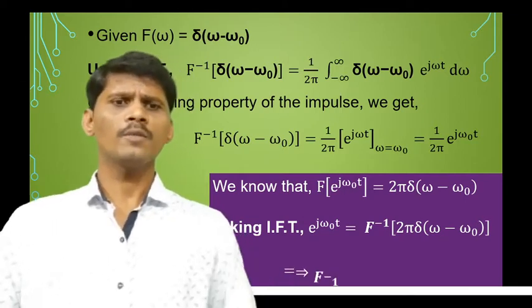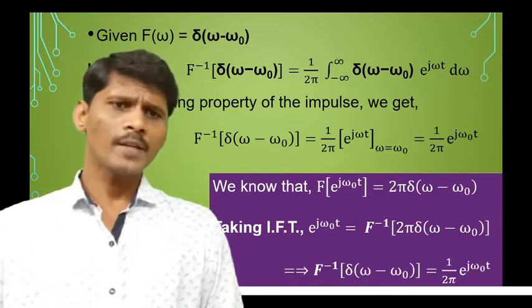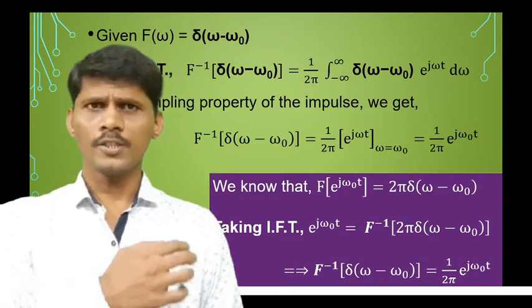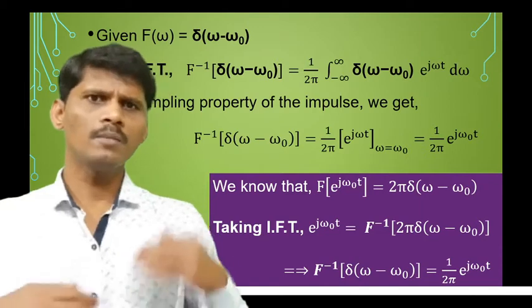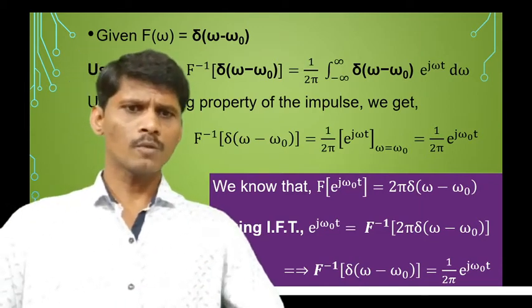Therefore, F inverse of δ(ω − ω0) is equal to 1 by 2π e^{jω0t}.